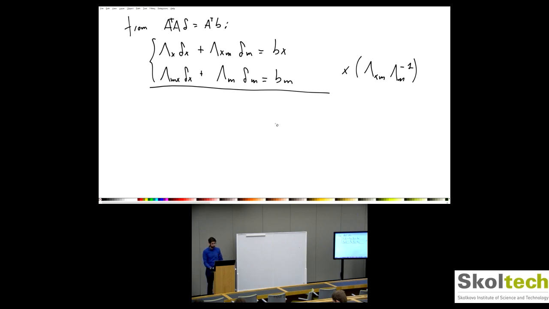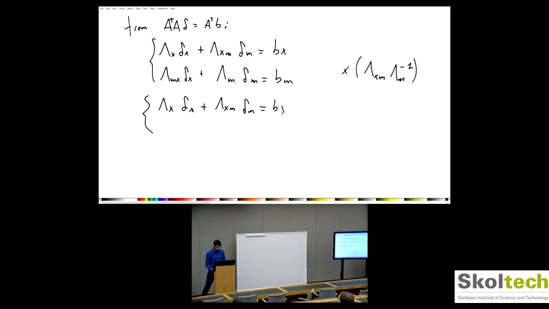So, okay, let's do it. The first is going to stay the same. Here we are not adding anything. For the second, I'm going to add this term, pre-multiplying both parts.